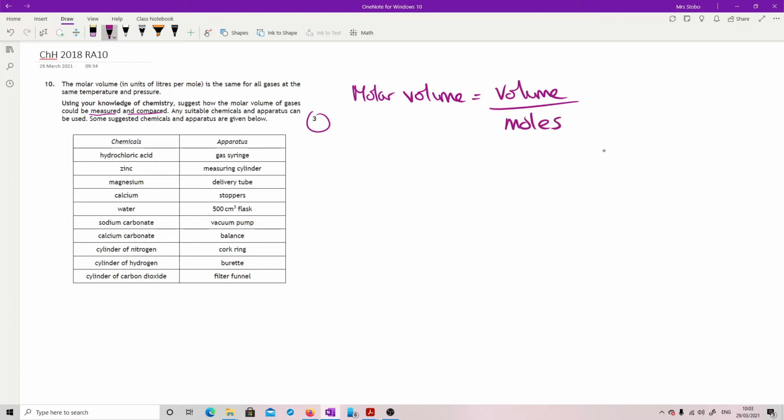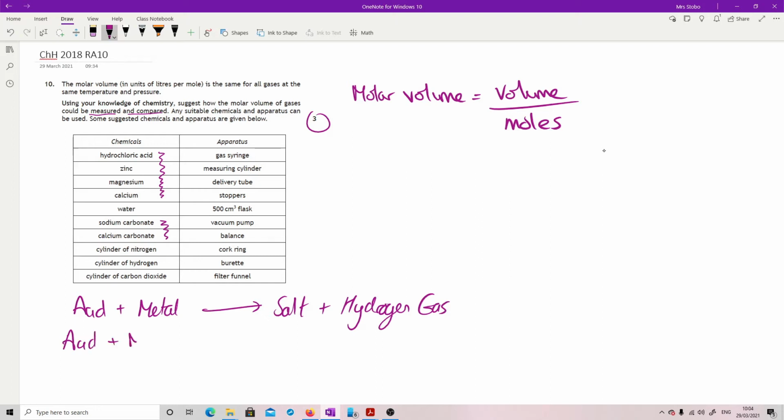Okay, right. What we have here is a series of chemicals which could release gases. Especially, what we have here is acid and a metal above hydrogen, obviously, in the reactivity series, to give us our salt and hydrogen gas. So that's a potential one to use. And we've also got our metal carbonate, and we've got an acid there as well.